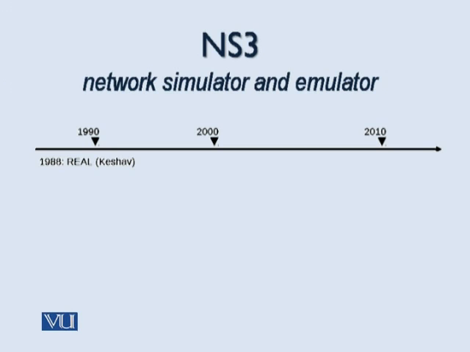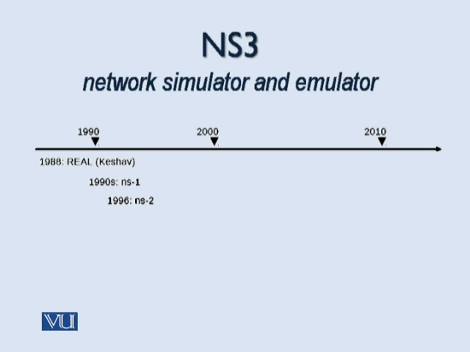And this was the basis of the first network simulator, the NS simulator. The NS simulator was proposed in the 1990s, and then in the late portion of the 1990s, around 1996, NS2 formally came into being as the next version of NS1.